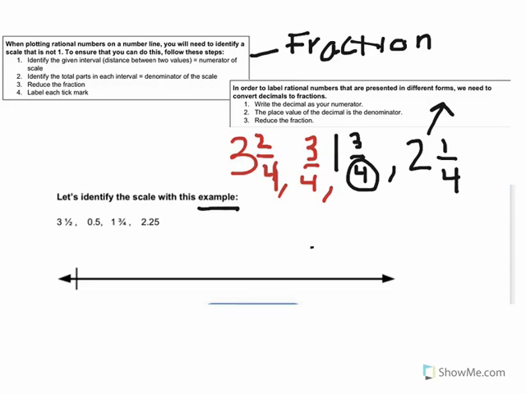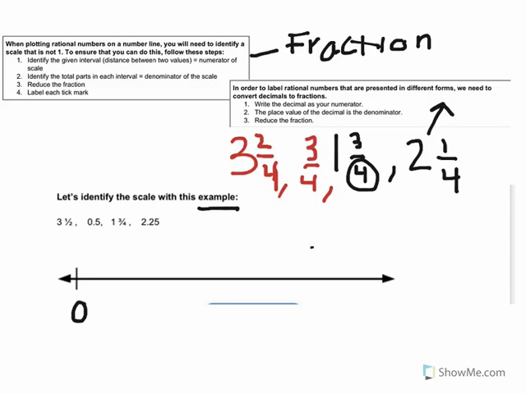My number line starts with 0 because all of my rational numbers are positive. So I'm going to draw 0 here. I know that the whole numbers that I'm going to be counting to are 1, 2, and 3.